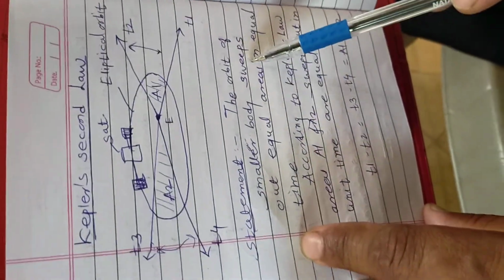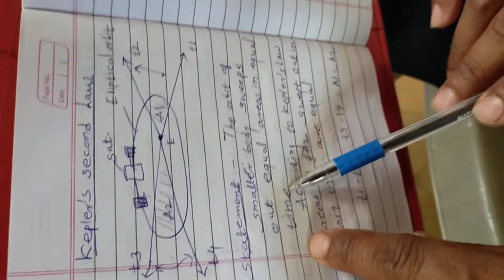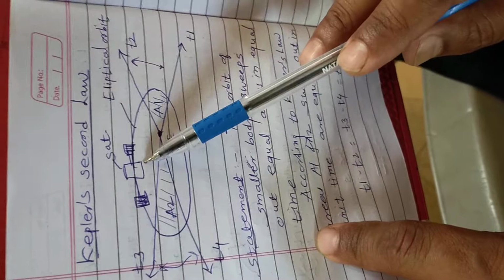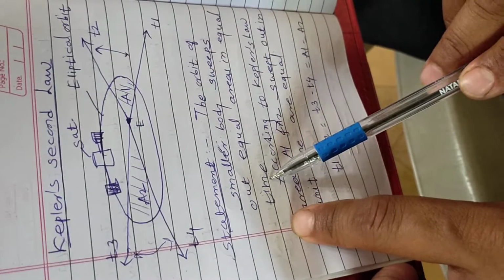So, Kepler's second law statement: the orbit of a smaller body sweeps out equal area in equal time. That is, the smaller body, which is a satellite, sweeps out equal area in equal time, right?